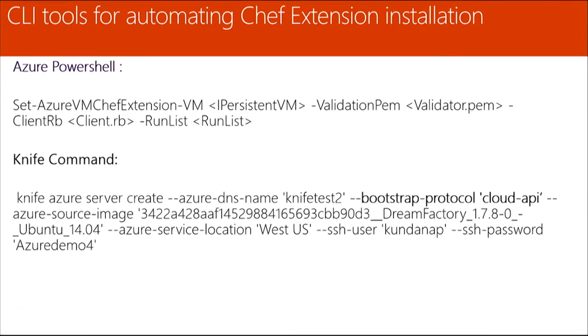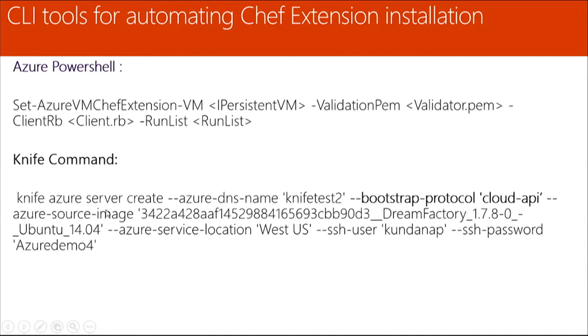The other very simple way that you can do it is by using the Knife command. If you're already a Chef user, then Knife is your preferred environment of choice, and the Chef team has recently provided this Knife command, which is still in preview version. Using the Knife command, I can bootstrap my Chef agent.